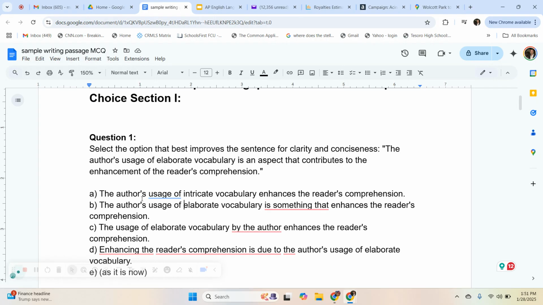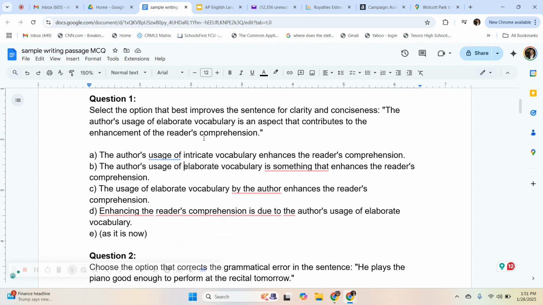A, the author's usage of intricate vocabulary enhances the reader's comprehension. Interesting that this one uses the word intricate, which is a different word. So that one I don't think would be correct, although it does flow and reduces the number of prepositions. So I'm not going to eliminate it as a wrong answer right away. B, the author's usage of elaborate vocabulary is something that enhances the reader's comprehension.